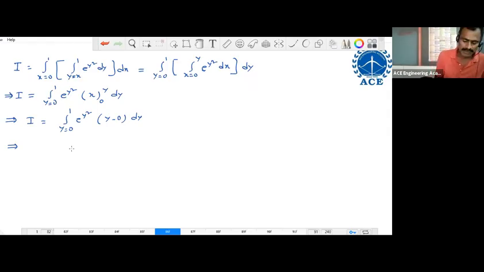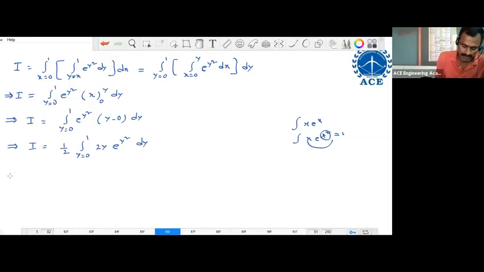Now this is integrable because we know the integral of x times e power x square. If we take x square equal to t, then 2x dx, that is x dx, becomes dt over 2. Or directly we can write 1 by 2 into integral y equals 0 to 1 of 2y e power y square dy. The derivative of y square is 2y.